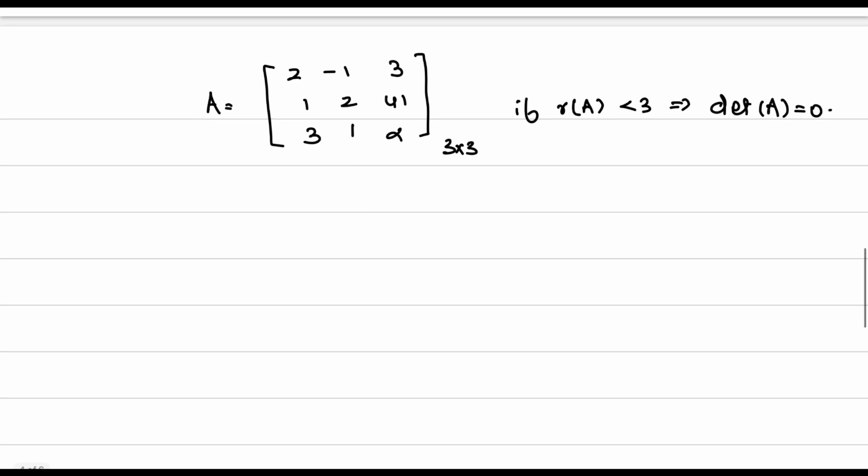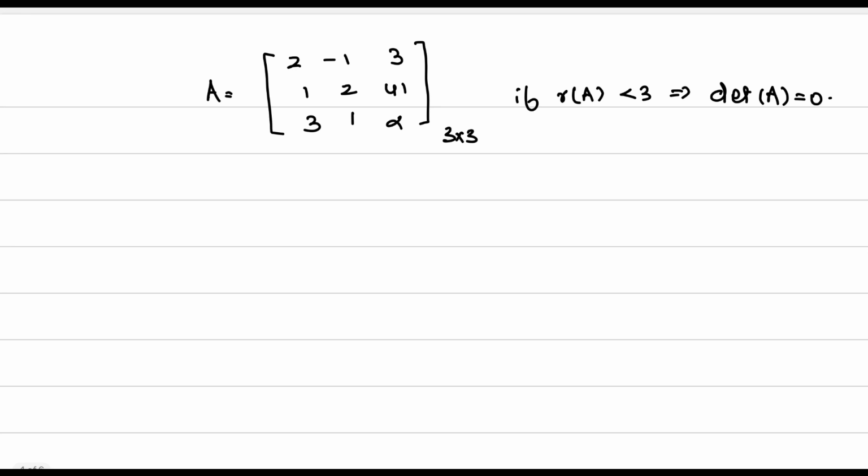Now, let us find out. For a unique solution, the determinant of the coefficient matrix should not be 0, or the rank of matrix A should not be less than the number of rows in the original matrix.